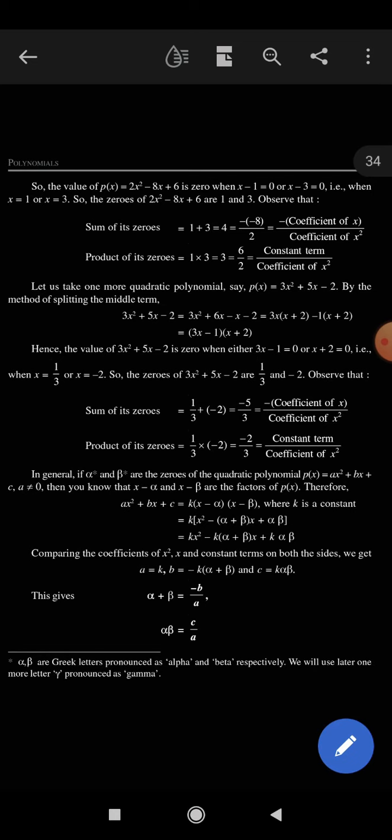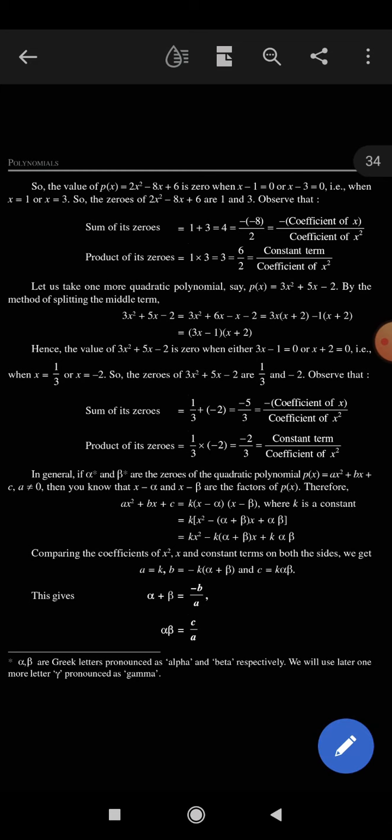Observe that the sum of its zeros is 1 plus 3 is equal to 4, which is equal to minus bracket minus 8 bracket close upon 2, that is, minus coefficient of x upon coefficient of x square. The product of its zeros is 1 into 3 is equal to 3, which is equal to 6 upon 2, that is, constant term upon coefficient of x square.